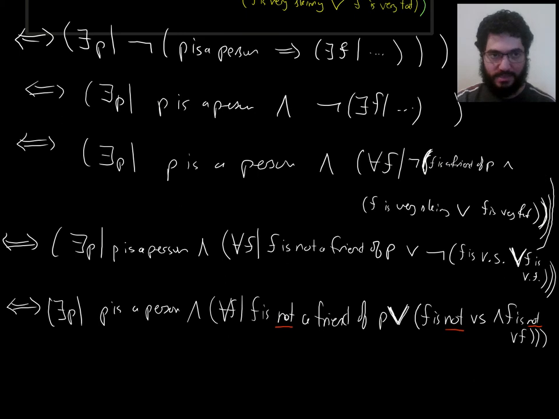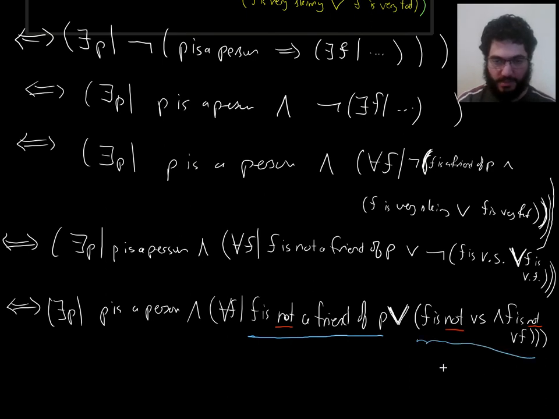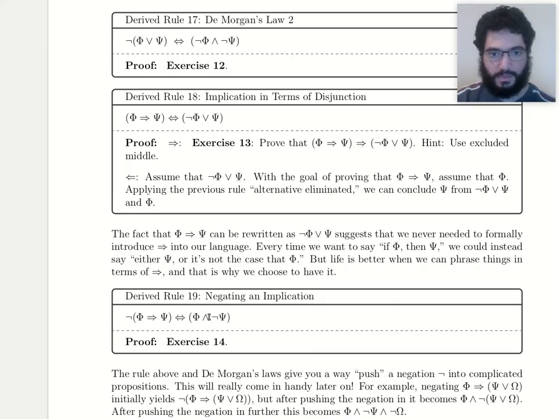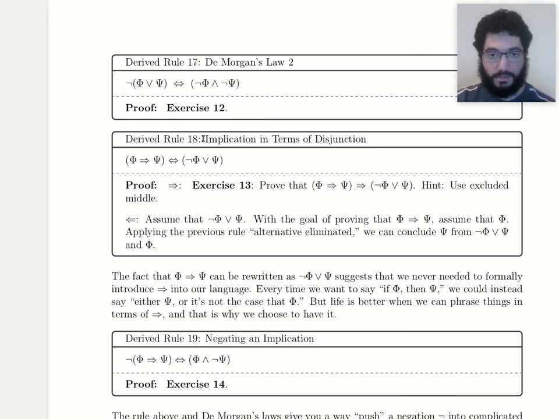So here I see it's not the case that f is a friend of p, or, and then this other junk. So now I'm going to go back to that derived rule 18, which says if it's not the case that something is true, or something else is true, then you can rewrite that as an implication, like this.